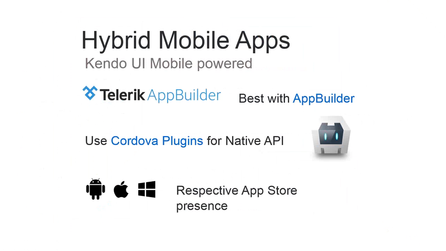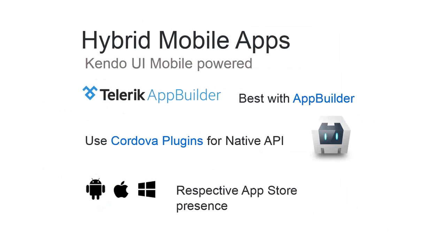Now, in order to create hybrid mobile apps, Kendo UI Mobile is usually best with the IDE known as App Builder. Telerik App Builder is part of our Telerik mobile platform, and it's an IDE. I hope everybody understands what an IDE is.